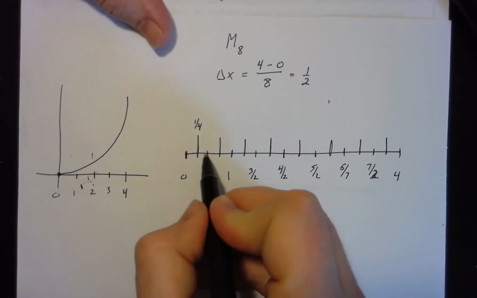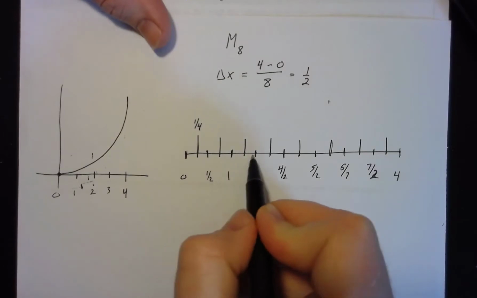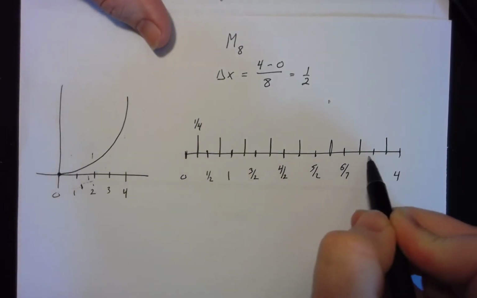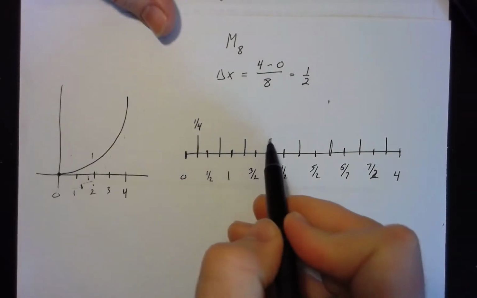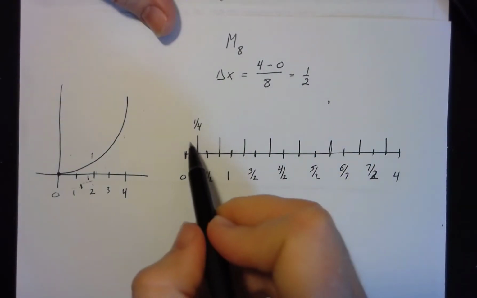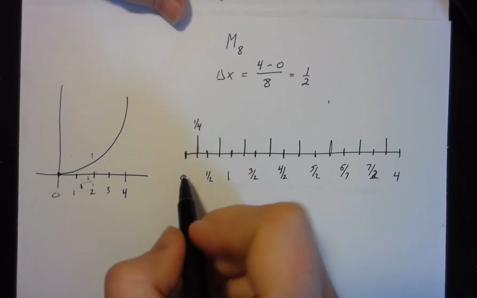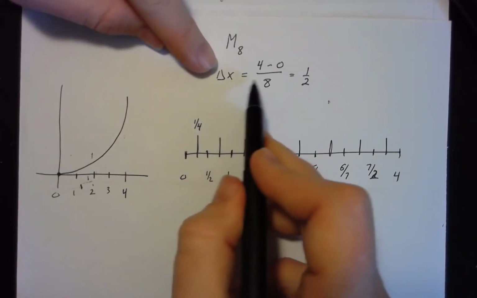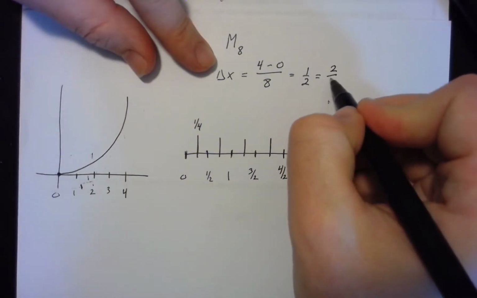Keep in mind that the small dashes represent my actual intervals. There's 1, 2, 3, 4, 5, 6, 7, as there should be 8. That means that there should be 8 midpoints. 1, 2, 3, 4, 5, 6, 7, 8. Now I found the first one. The way that I'm going to find the second one is one of two ways. I can identify that the distance, the delta x, is 1/4, is the same thing as being 2/4.